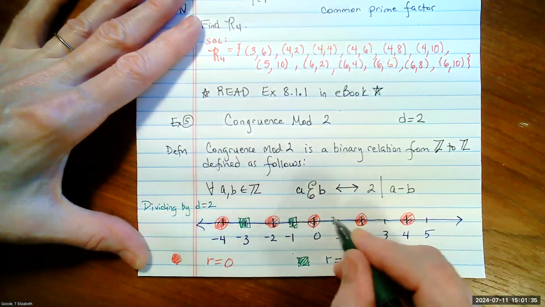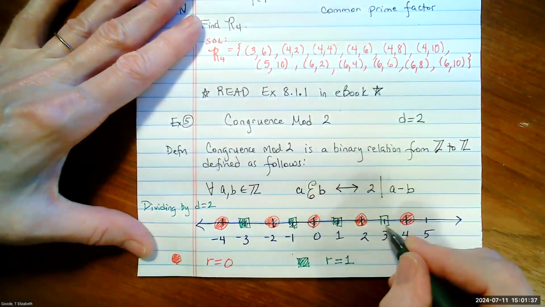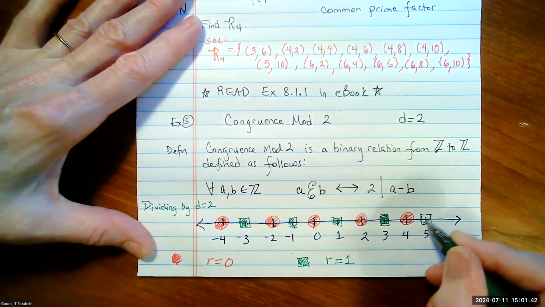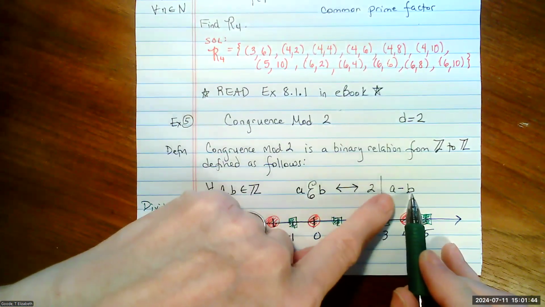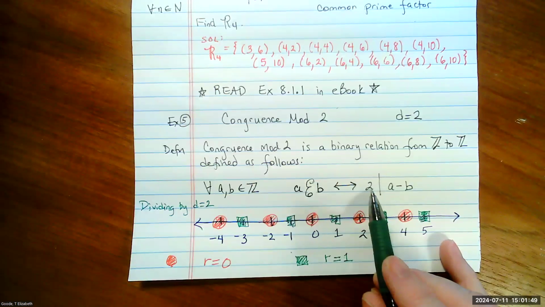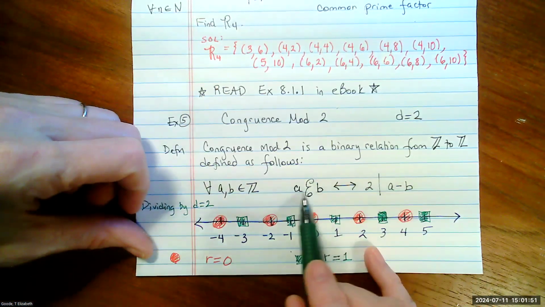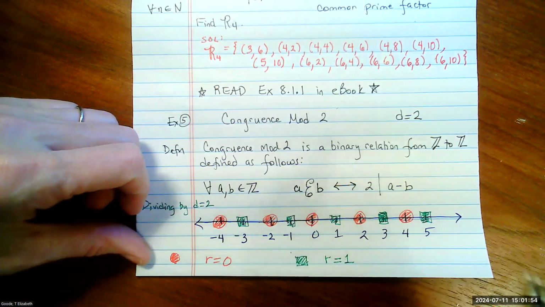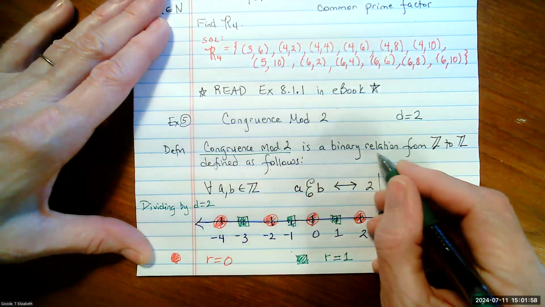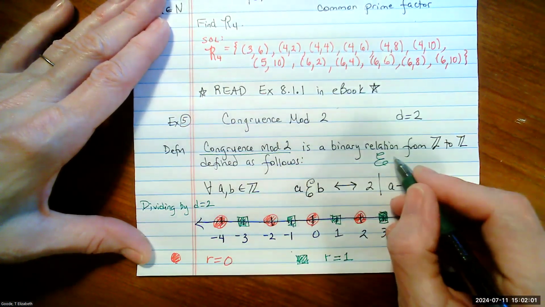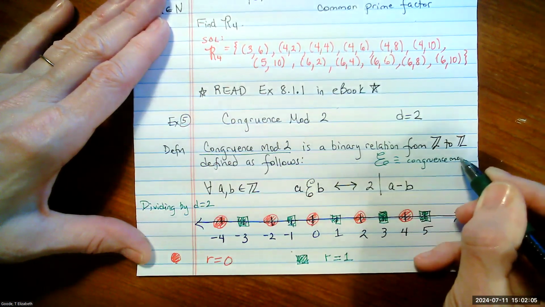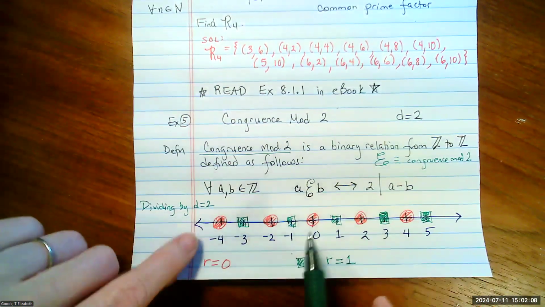So these alternate. And if we think about what this binary relation, congruence mod 2, is doing, it's saying if the distance between A and B is divisible by 2, then A and B are related. Okay. We're calling this congruence mod 2 relation curly E. So let's just think about it.